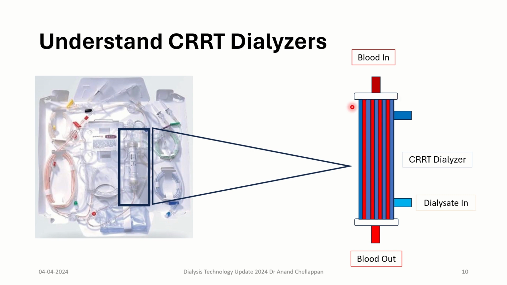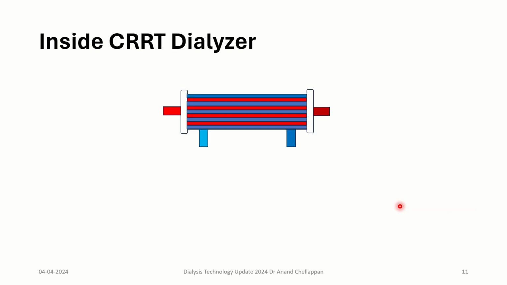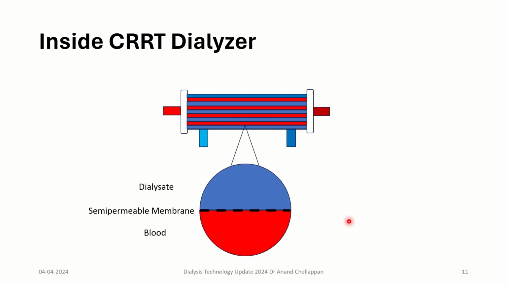Now, these filters are all hollow fibers, hollow fiber dialyzers. Let us now see how the dialyzer is structured. Let's take a cross section of this hollow fiber.